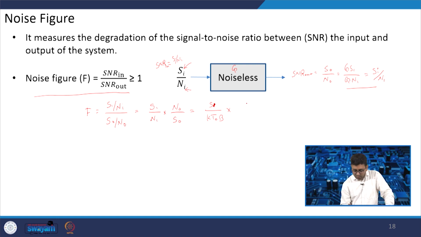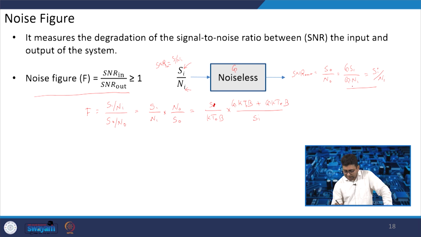So, what is No? As we have seen, that is K T naught B multiplied with the gain, plus G K Te B, divided by Si.